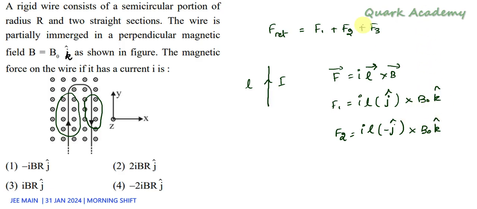When we add them, F1 plus F2 is going to become 0. So we are left with only F3, the semicircular portion. So the net force is equal to F3, that is due to the semicircular portion.